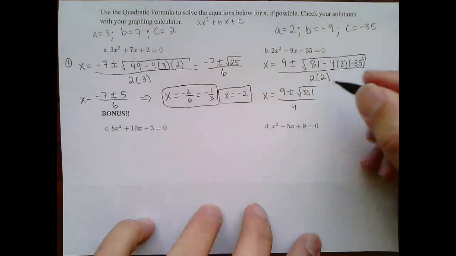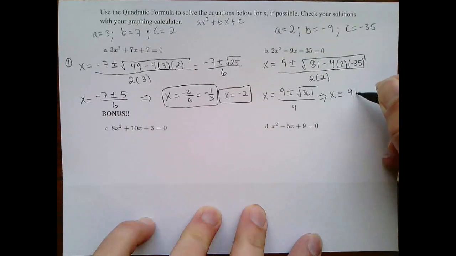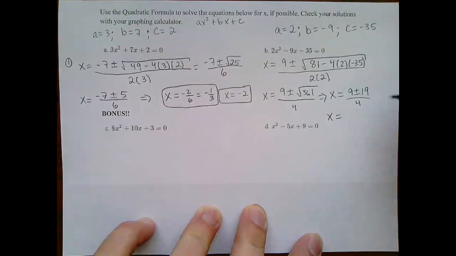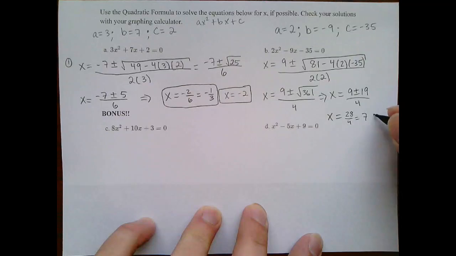So if I take this to the next step, I have x is equal to 9 plus or minus 19 all over 4. So we have 2 calculations to do. What is 9 plus 19? Well, that's 28. 28 over 4 we can reduce. 28 over 4 is just 7. So that means x equals 7 is one possible solution.